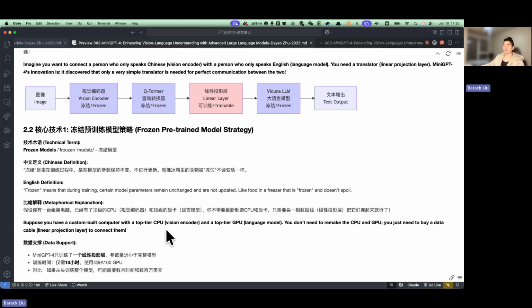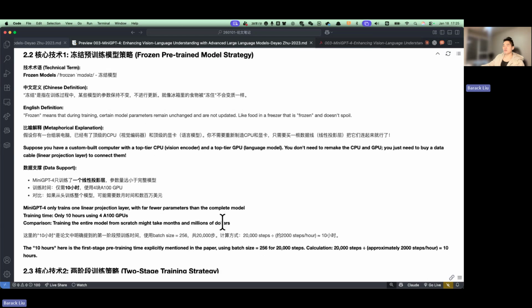You just need to buy a data cable, which is the linear projection layer, to connect them. Mini GPT-4 only trains one linear projection layer with far fewer parameters than the complete model. Training time, only 10 hours using 4 A100 GPUs. Oh, that's really cheap.